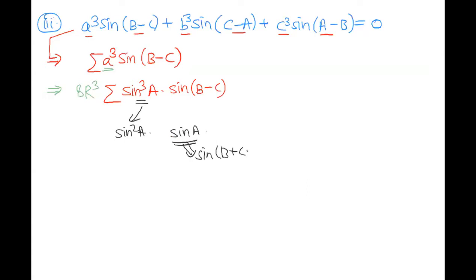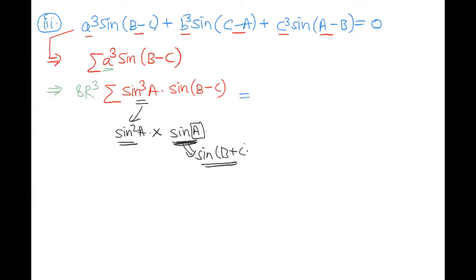What I'm doing: sine cube A I'm writing as sine square into sine A, then sine A I'm writing as sine b plus c, because we are talking about a triangle. So further you manipulate this, what will we get?